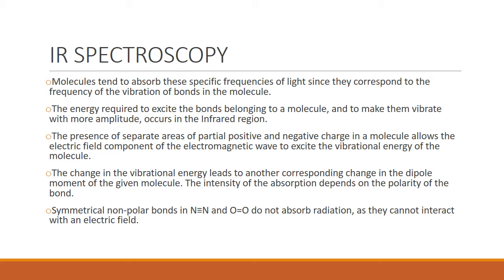For a particular molecule there is a certain vibration frequency, and electromagnetic light with the same frequency will be absorbed. The energy is required to excite the bond and make it vibrate with more amplitude with the help of these infrared waves.